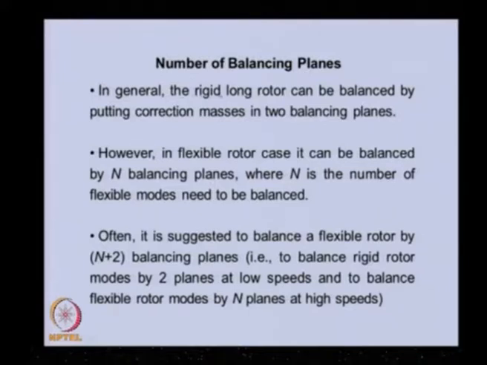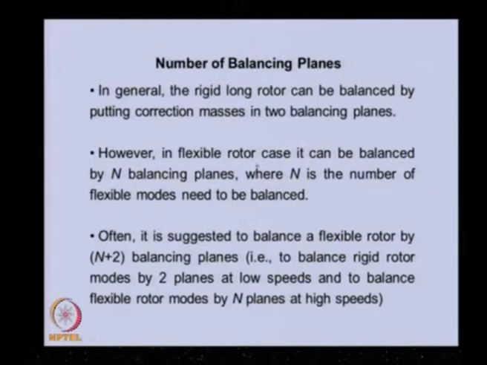So in general, a rigid and long rotor can be balanced by 2 balancing planes, but for a flexible rotor we need n balancing planes, where n is the number of flexible modes we need to balance. That means if you are operating the flexible rotor above the third critical speed, then 3 planes will be required to balance such a rotor.